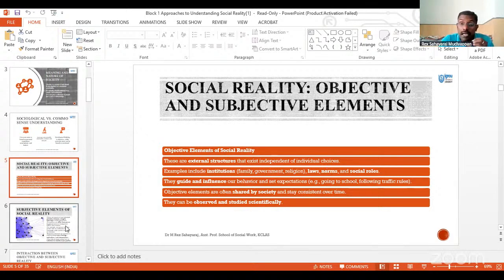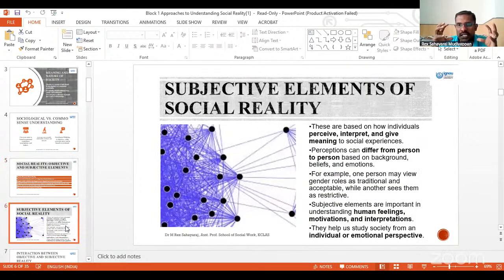So we as social scholars move from subjectivity towards objectivity. When we say subjective elements of social reality, these are based on how individuals perceive, interpret, and give meaning to social experiences.